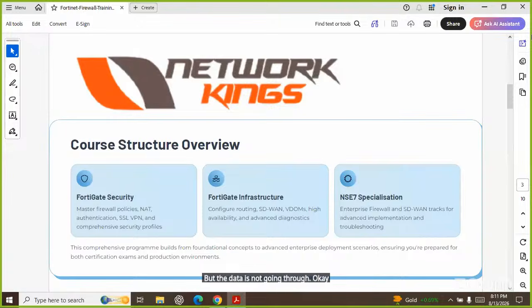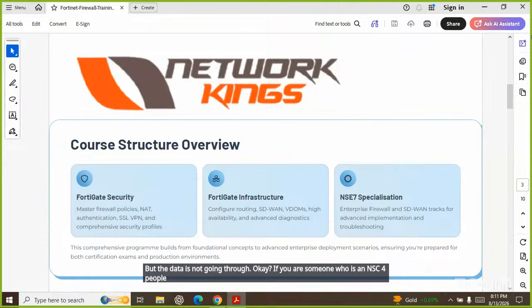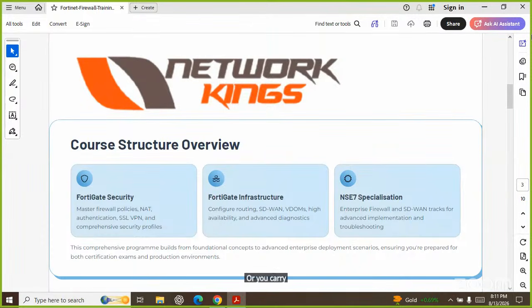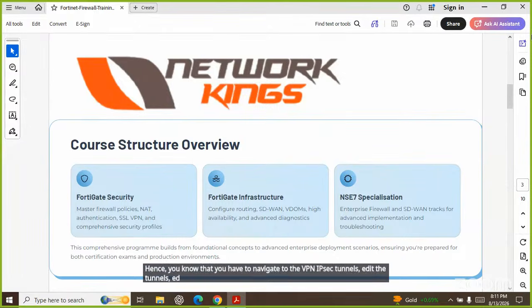Okay, if you are someone who is an NSE 4 person, or you carry knowledge about NSE 4, then you would know that this problem could have been caused because of NATing. Okay, hence you know that you have to navigate to the VPN IPsec tunnels, edit the tunnels, edit the IPsec settings, and inside that you have to enable NAT-T.